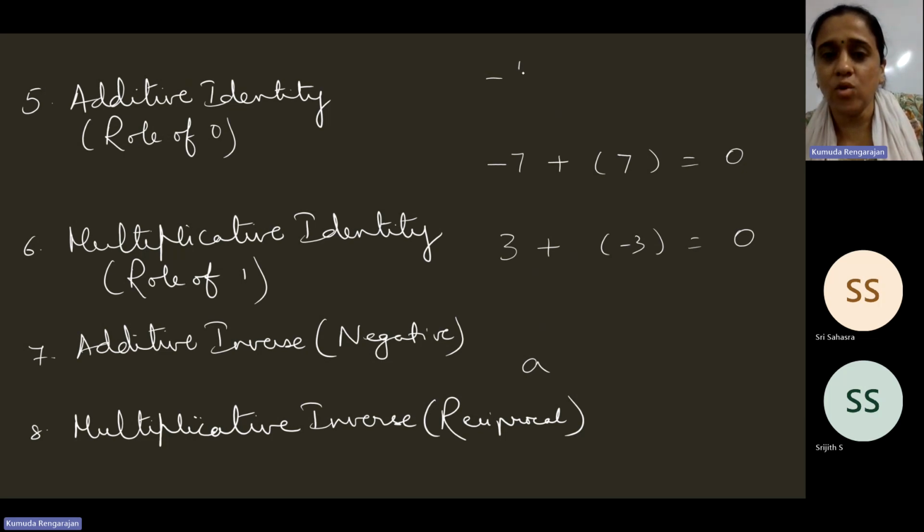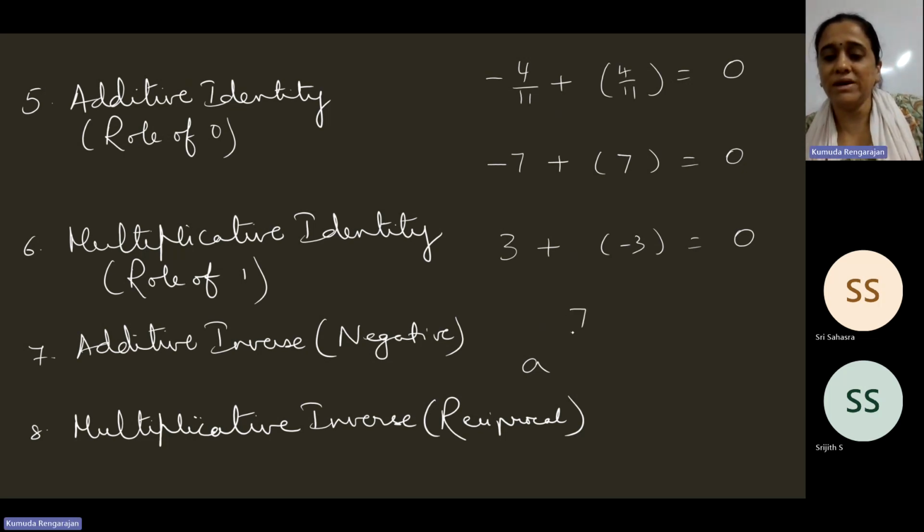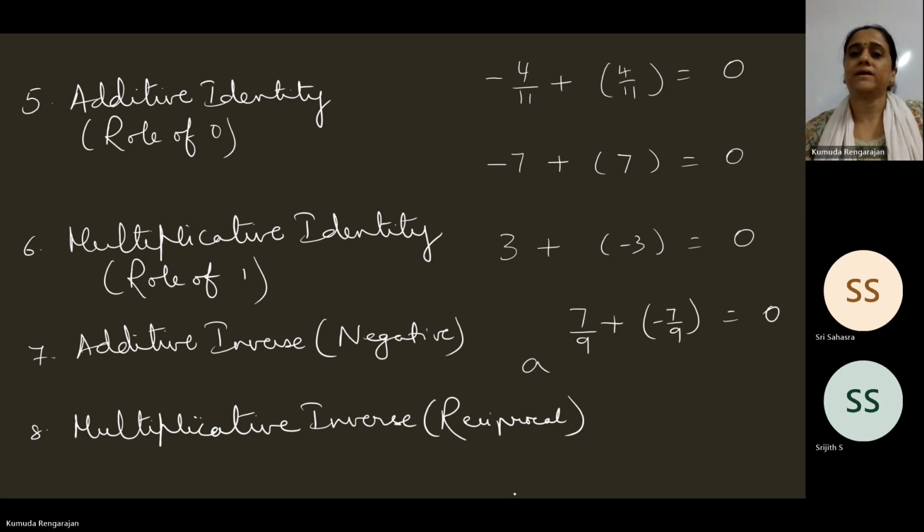Minus 4 by 11 and what will give you 0 as answer? 7 by 9 and what will give you 0 as a result? Negative means, as Navneet was saying, opposite. So you should not say positive.